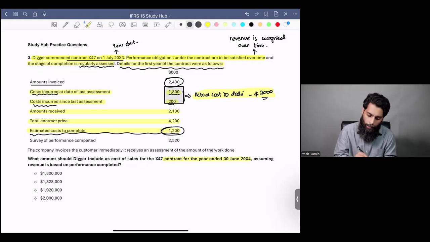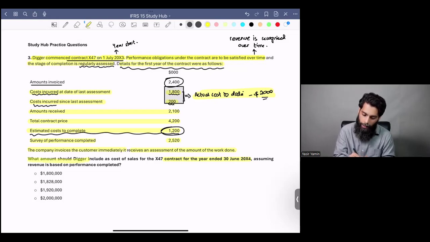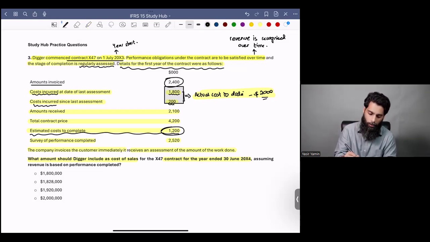Then your examiner says survey of performance completed is 2520. Examiner says the company invoices the customer immediately when it receives an assessment of the amount of work done. Examiner says what amount should Digger include as cost of sales? It is relatively a straightforward question for you guys.